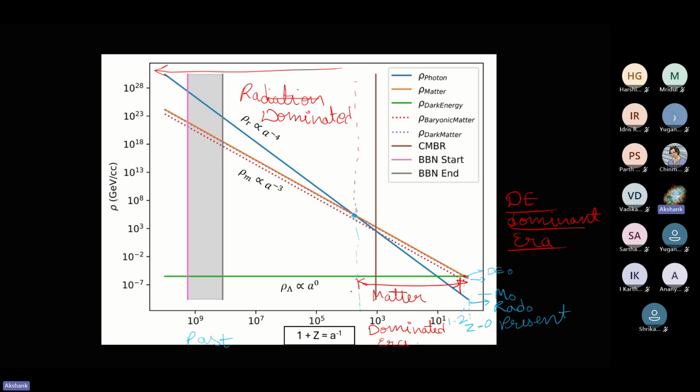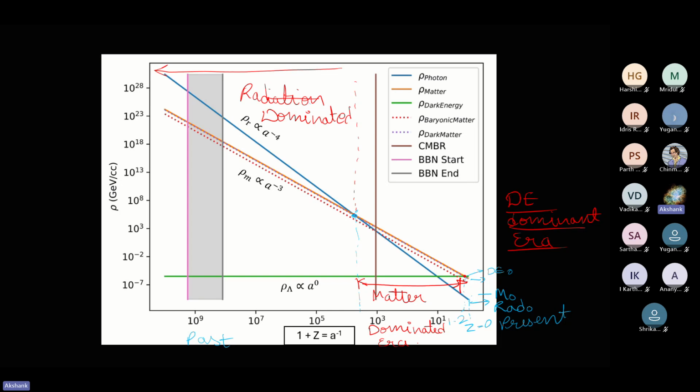Okay. Now it is important to know which constituent is the more dominant one, because that dictates how the universe behaves. In the past, when radiation was more dominant, radiation has some pressure, so it was pushing away everything. It was pushing away matter and all kinds of particles. And because there was so much radiation, it was generating new particles spontaneously.